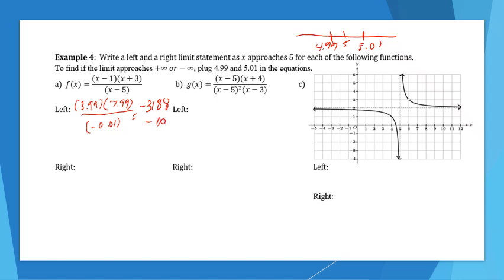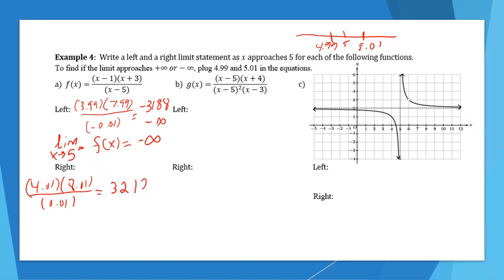So if we write that limit statement, we would write the limit as x approaches 5 coming in from the left of f of x equals negative infinity. On the right hand side, if we plug in 5.01, we get 4.01 times 8.01 all over 0.01, which is around 3212.